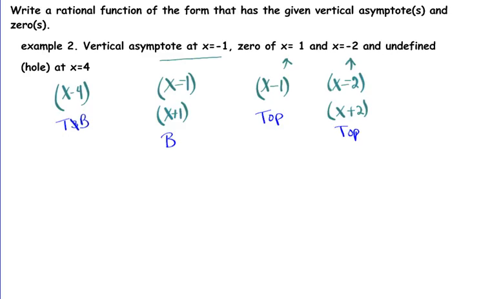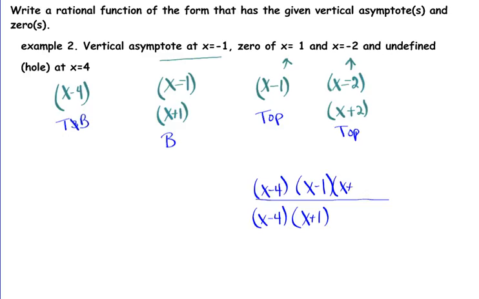So, let's put them where they need to go. All right, top and bottom: x minus 4, x minus 4. Strictly bottom: x plus 1. Strictly top: x minus 1, x plus 2. There's my function written in factored form.